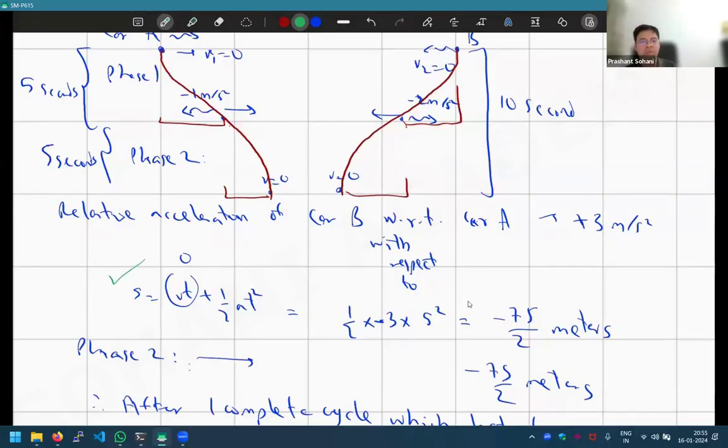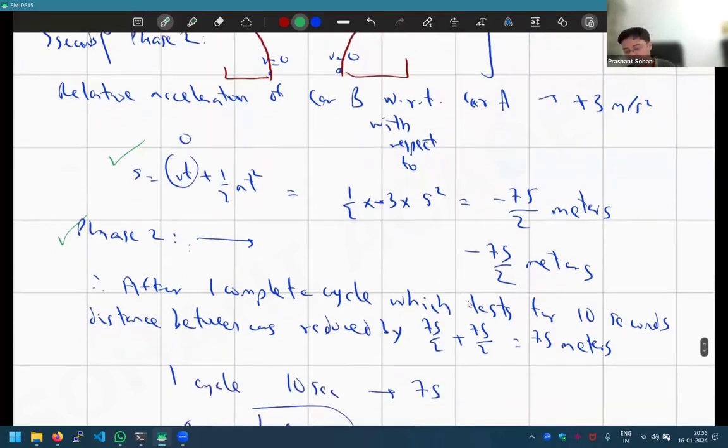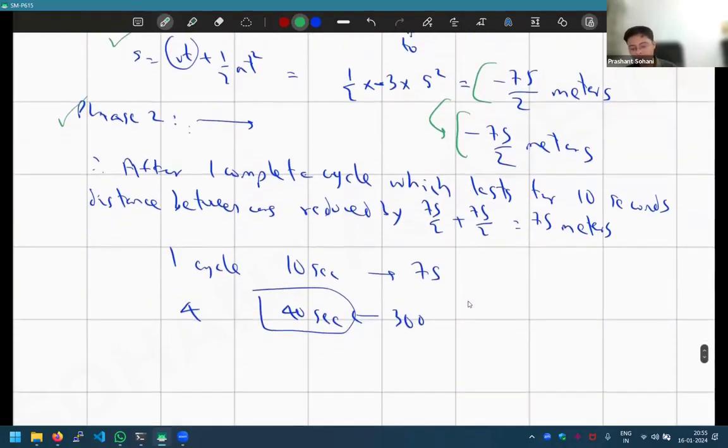So that was the first simplification. Second simplification was understanding that phase 1 and phase 2 are symmetric. Whatever happened in phase 1, the reverse is going to happen in phase 2. So you don't have to calculate this again. We got the same answer. And finally, it's just putting them together, a unitary method of some kind, to see how many times the 75-meter cycle has to repeat.